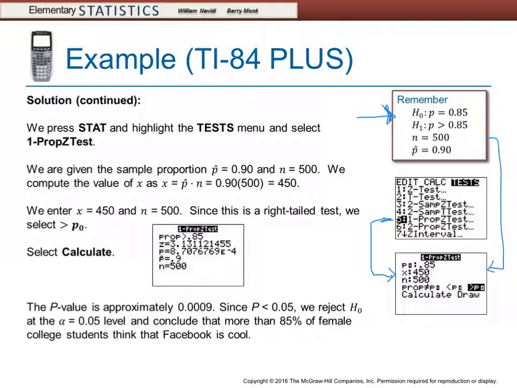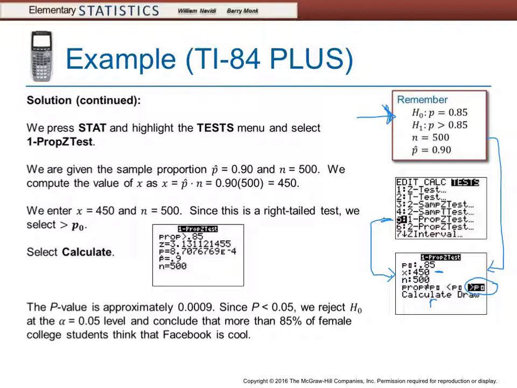And you will recall we calculated x to be 450. Why? Because it's 90% of 500 that was surveyed. Remember that p naught is 0.85. x in this case is 450. n is 500. And then we select greater than p naught and we hit the calculate key.